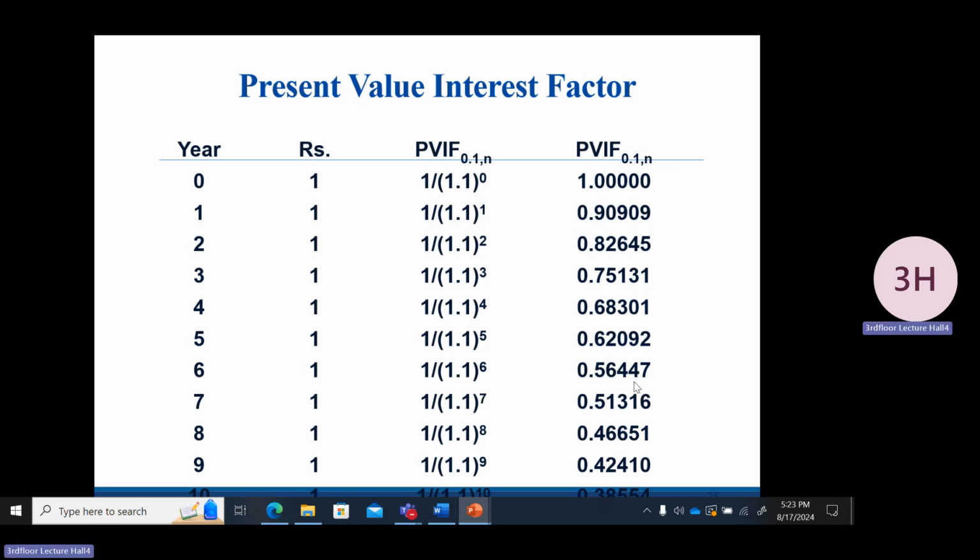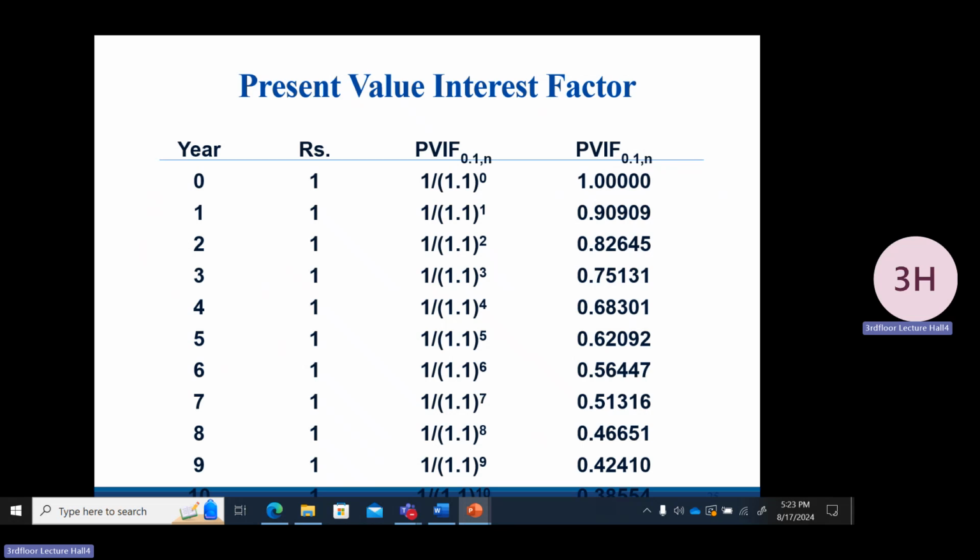Like earlier, in the future value interest factors also, I showed you the same type of table. Now, if I ask a question by looking at the table: if you are receiving 1 rupee in 8 years, and your cost of funds is 10%, what is the value of this 1 rupee? 0.46. That is the value.